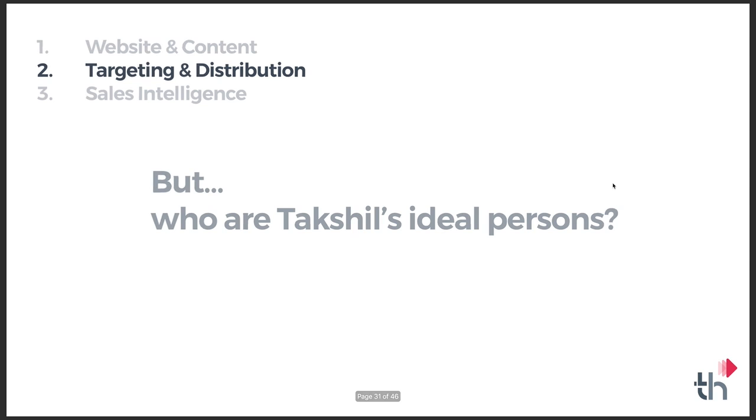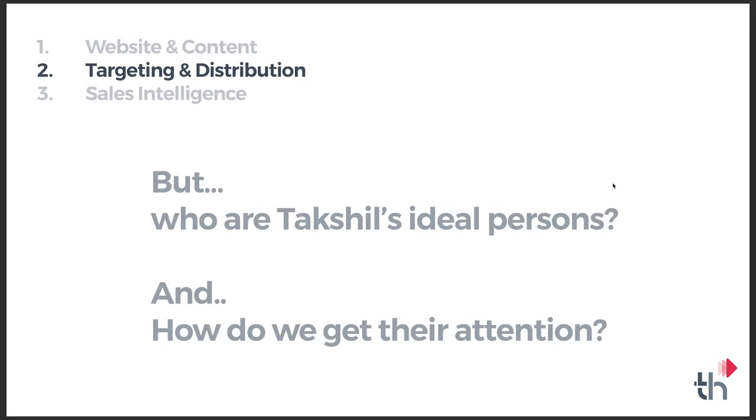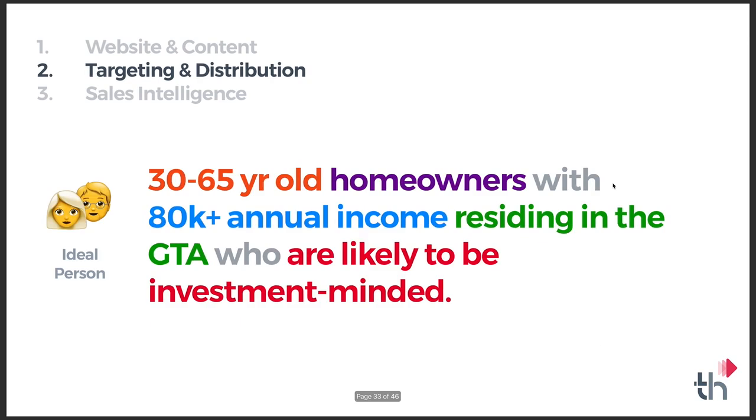But before you really get into that, Taxil needs to identify who his ideal person is. And how does Taxil get their attention? How does he actually get into their psyche and start to spark them towards engagement with Taxil online? So the first thing Taxil would do is something like this. He'll put together one sentence that really defines his ideal person.